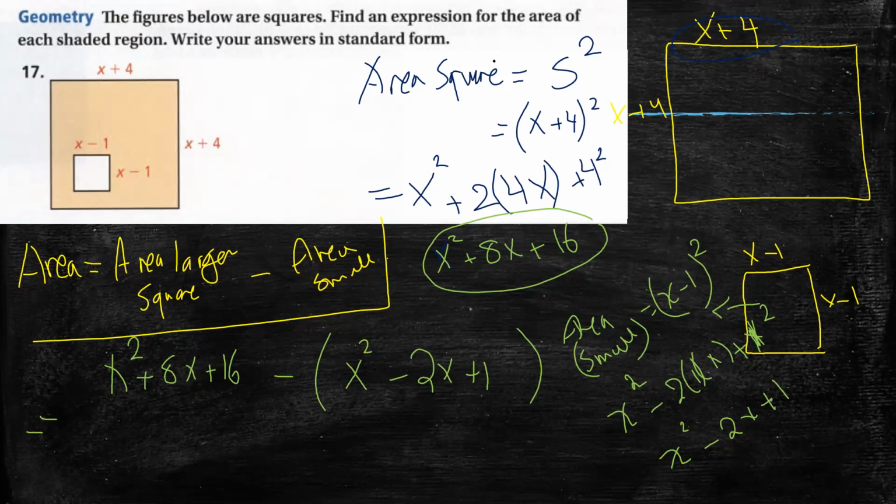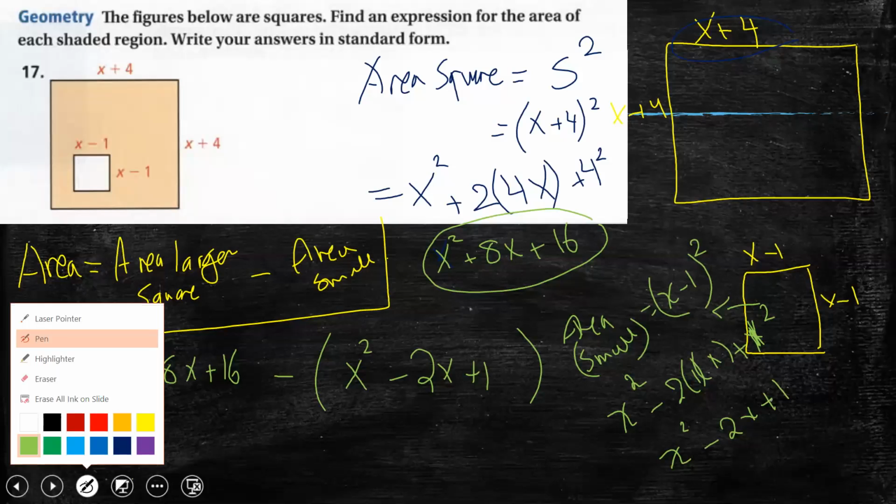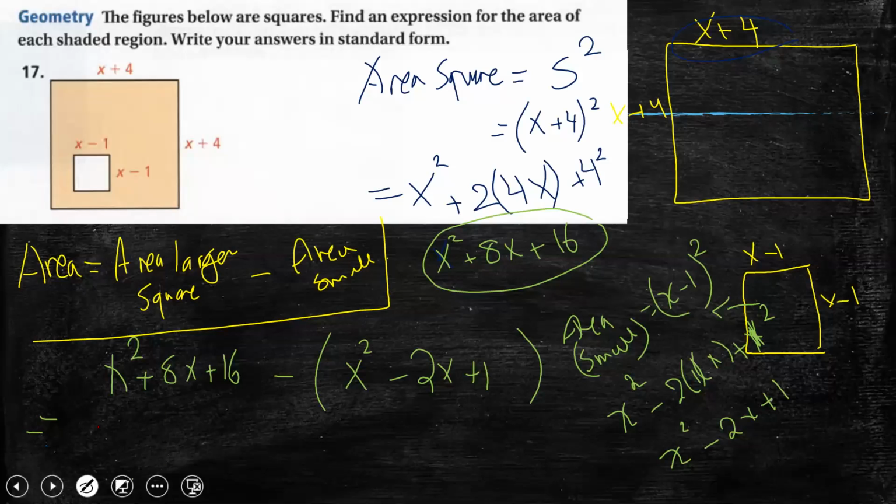I want to write it now as one expression. So let's write it here, keep it as x squared plus 8x plus 16.